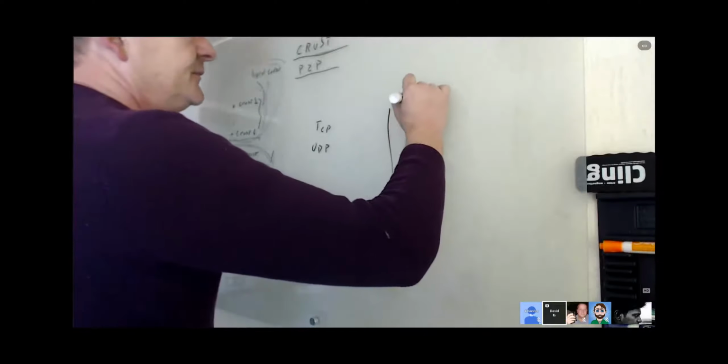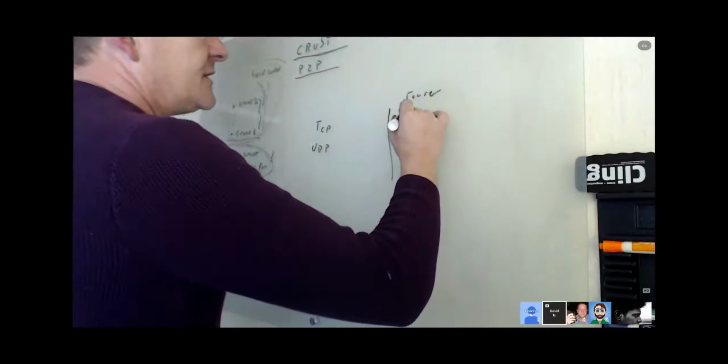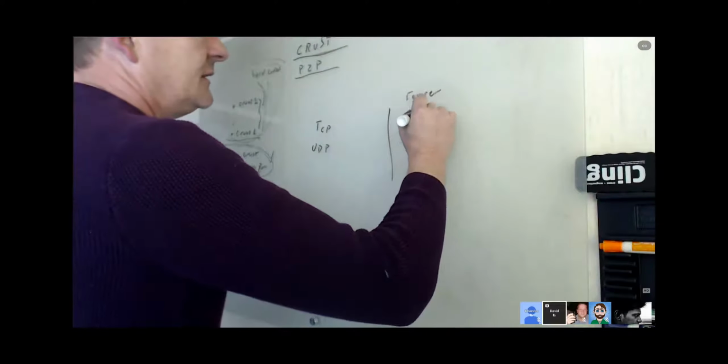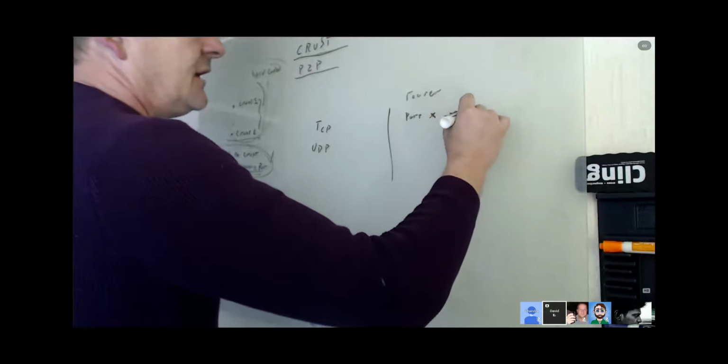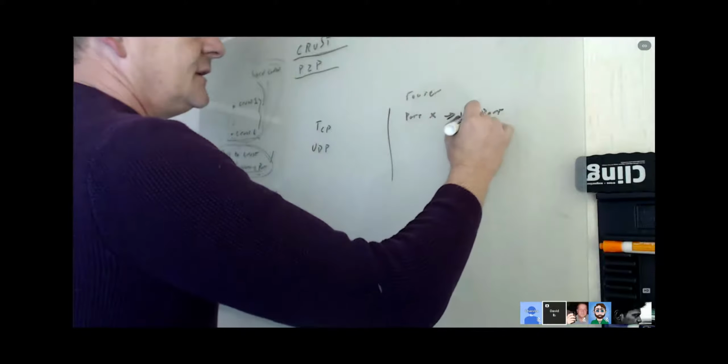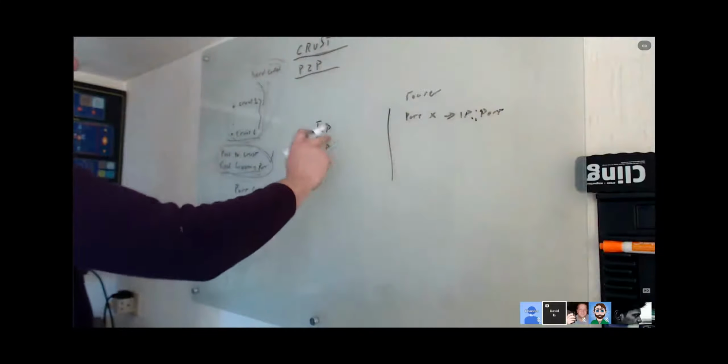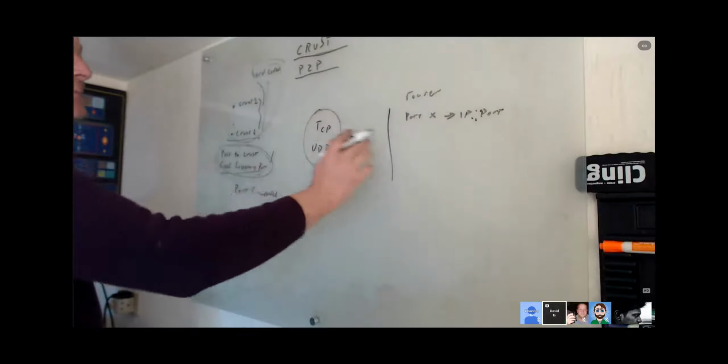So if you've got TCP or UDP on your router, you can say port X should go to IP port, and IP being a local IP on the network.